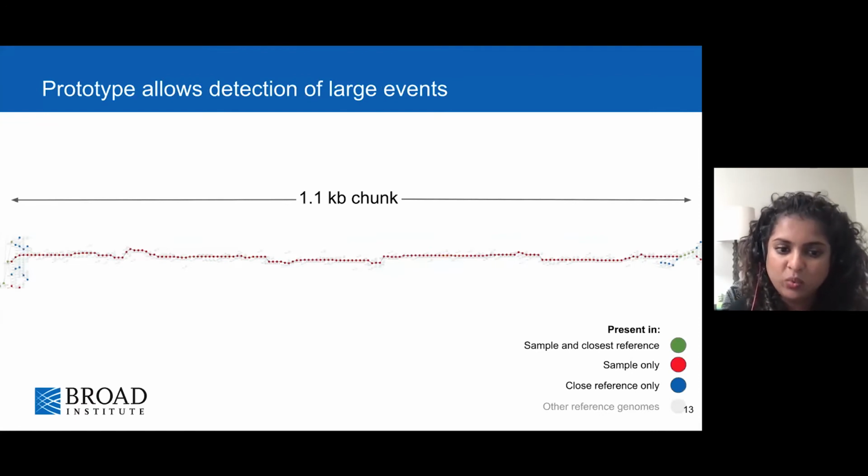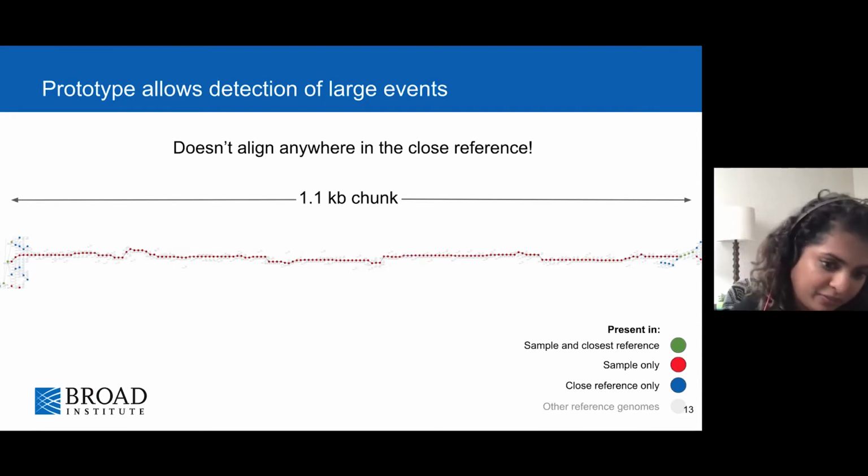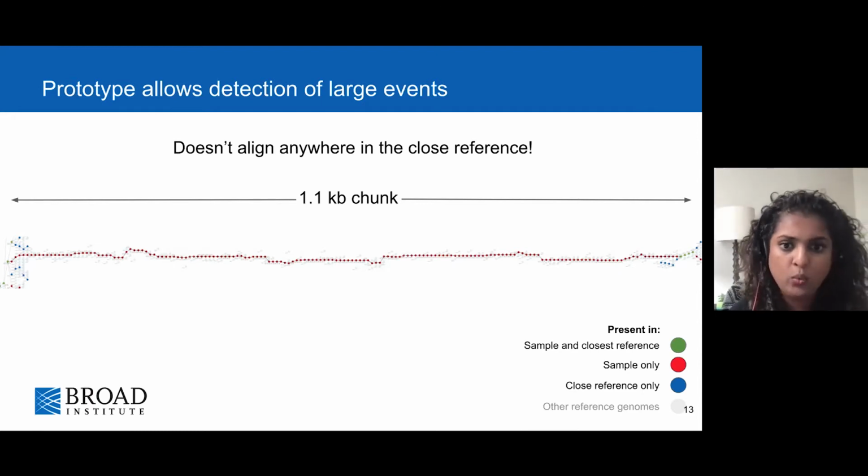This is one example of what we were able to identify using our pan-genome approach. We identified a 1.1 kb chunk that was present in our sample but wasn't present in our closest reference. If not for the pan-genome method, this 1.1 kb chunk would have gone unidentified.